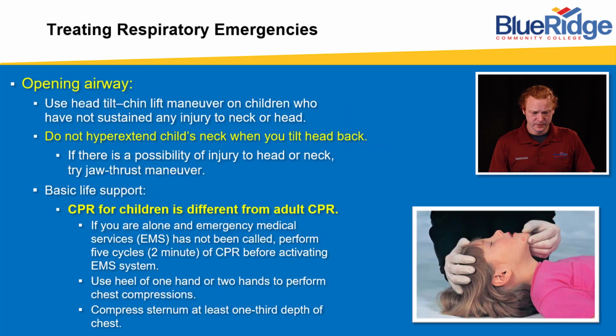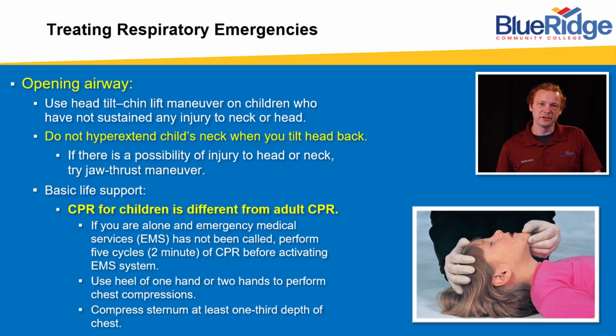So, treating respiratory emergencies in infants and children. To open the airway, use the head tilt chin lift maneuver on children who have not sustained an injury to the neck or head. Of course, if we don't know if there's been an injury, we're going to go to the jaw thrust maneuver.